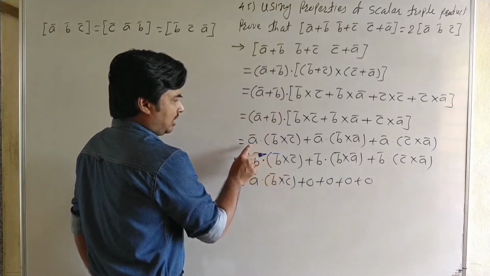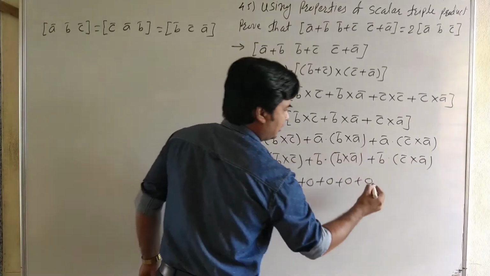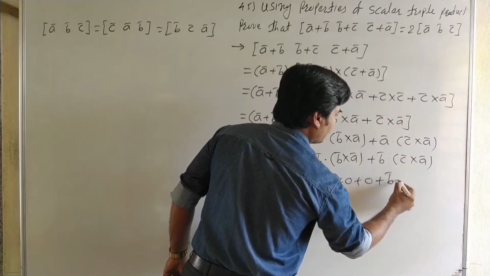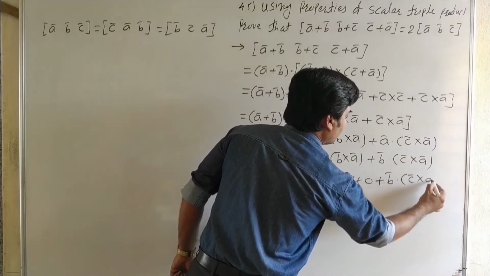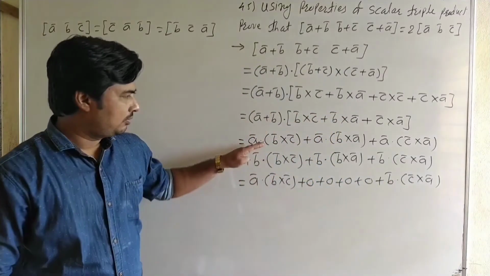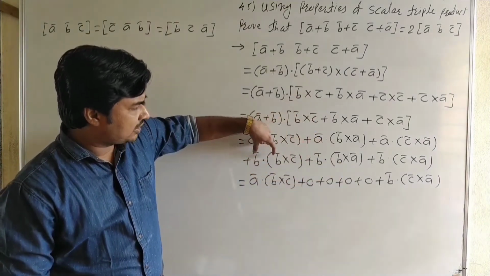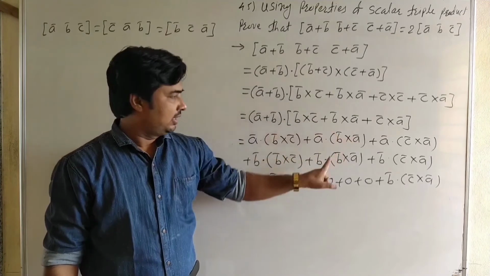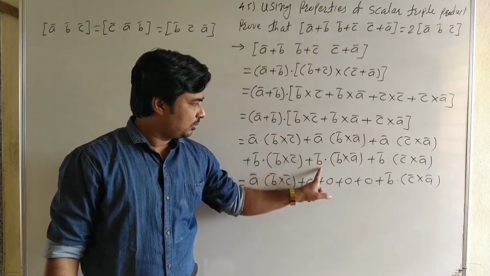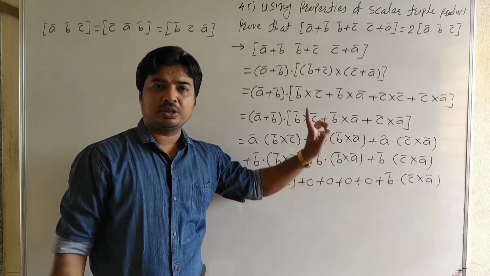The remaining terms are the first and the last. The middle four terms are 0 because in the triple product two vectors are equal. Out of three vectors in the triple product, if two vectors are equal, then the triple product is 0.